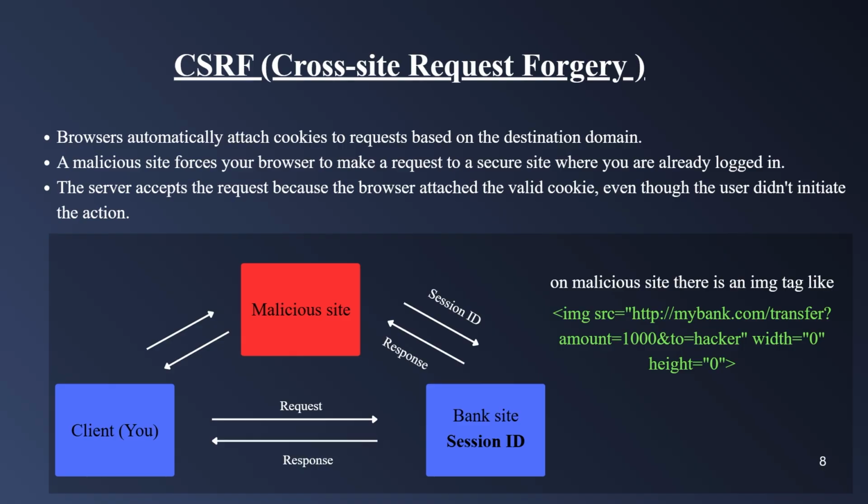So you see, when that image loads on this hacker's site, this request will actually be fired alongside that session cookie that you have from visiting the bank. So that is pretty much what CSRF is, condensed.